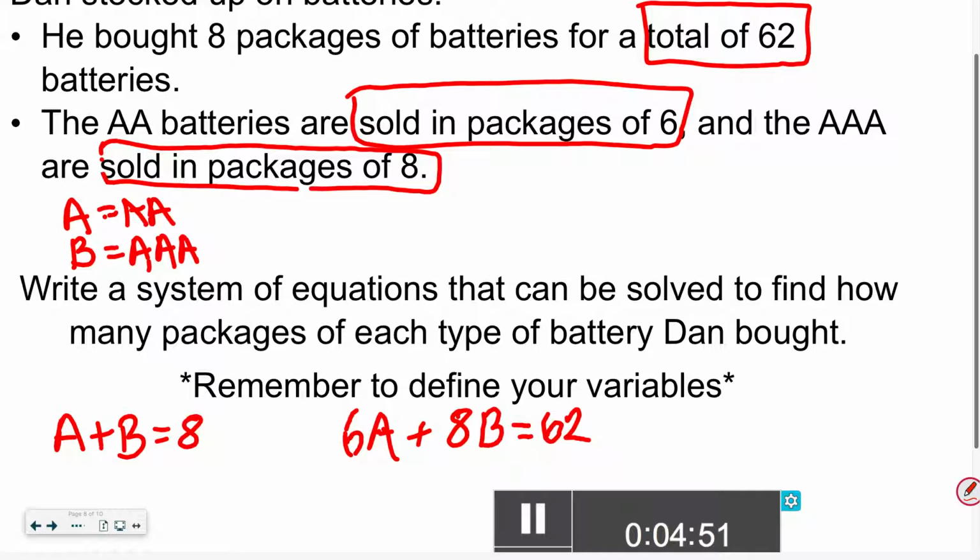If you're having any trouble, raise your hand. You did substitution, now do elimination. I want you to practice both substitution and elimination.